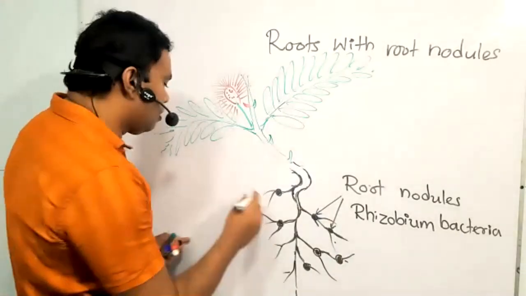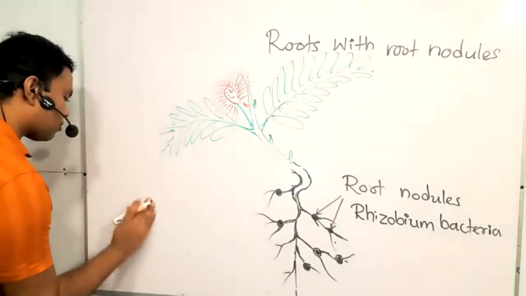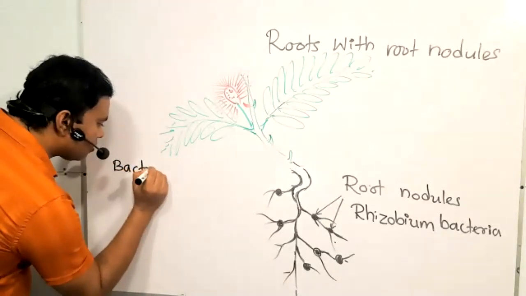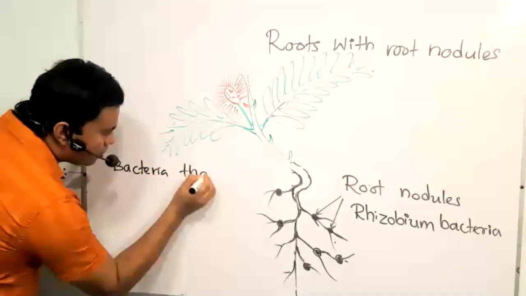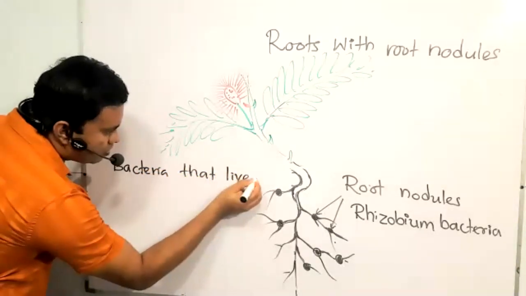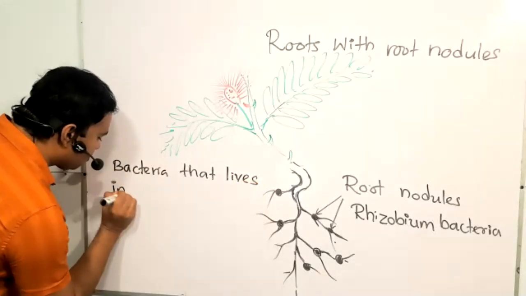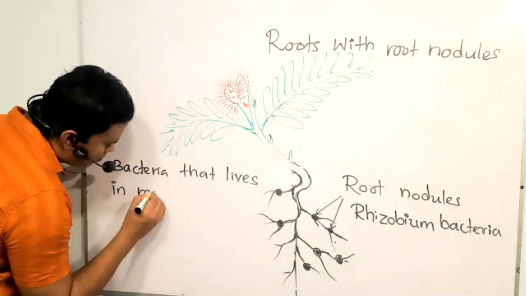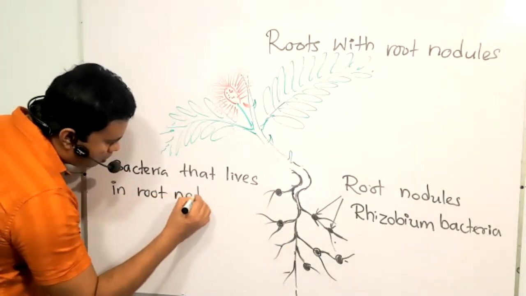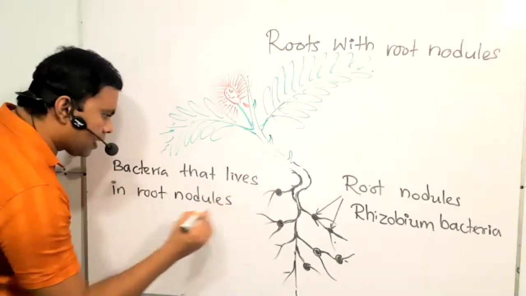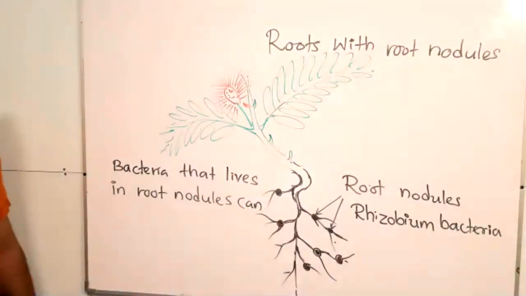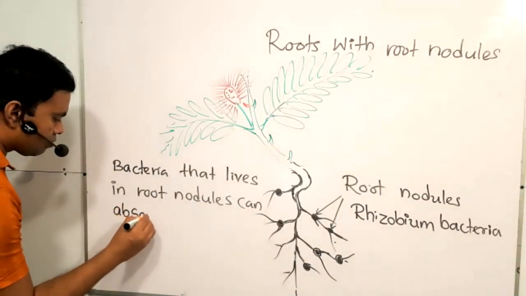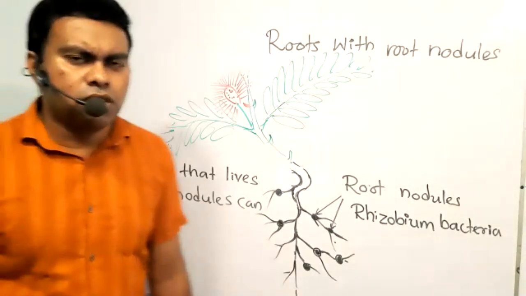So I'll write the note here. Bacteria that lives in root nodules can absorb which nitrogen?